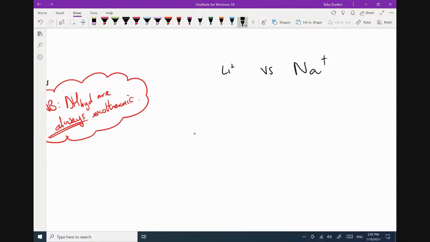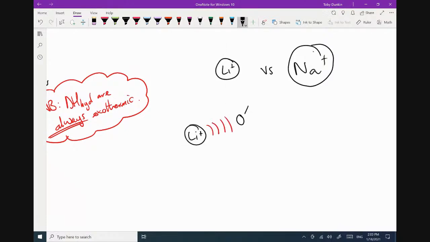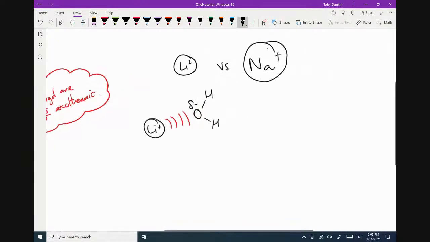Lithium ions we know are small, whereas the sodium ions are larger because they have an additional shell. What that means is we realize that ionic bonding, the formation of these electrostatic attractions, is based on two things: the charge on the ion and the size of the ion. So the lithium 1+ attraction is going to be more exothermic than the larger sodium ion.